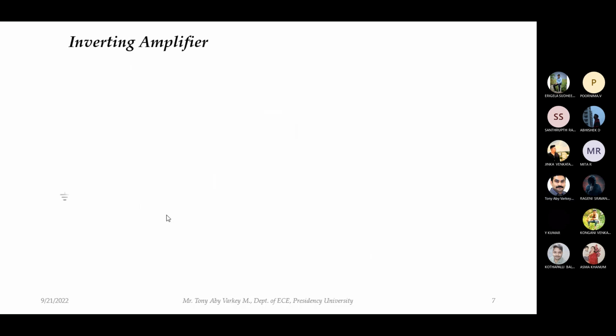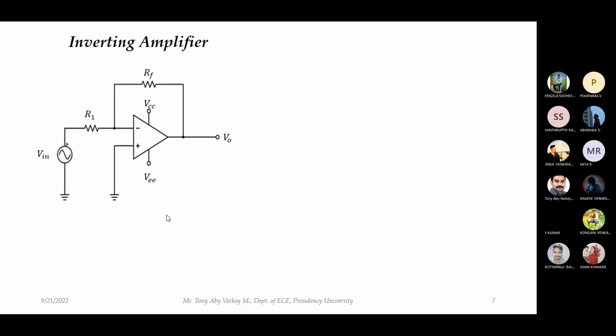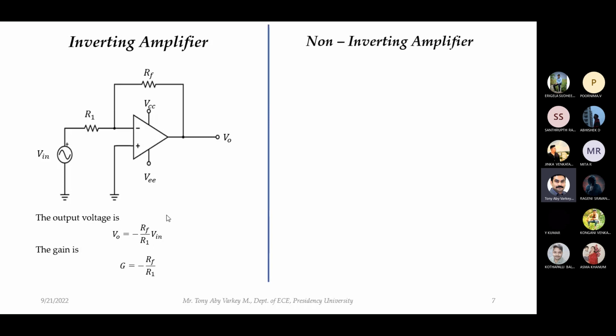Okay. So I'm generalizing it. So this was the inverting amplifier. What is the expression for output voltage of an inverting amplifier? V in into minus RF by R1. Correct. V output is equal to minus RF by R1 into V in. Okay. So what is the voltage gain? Minus RF by R1. Similarly, this is our non-inverting amplifier.